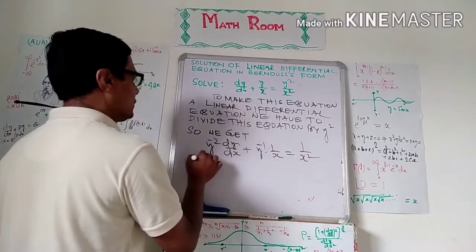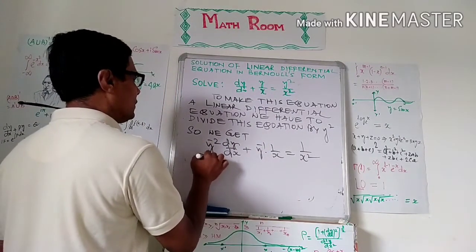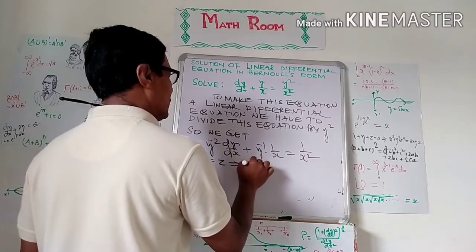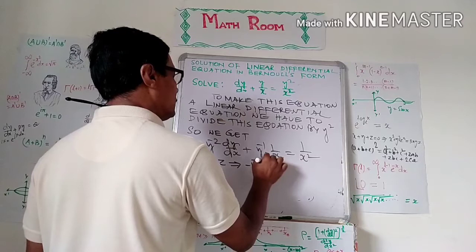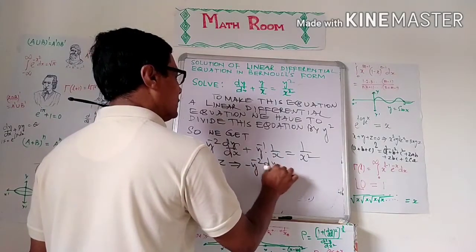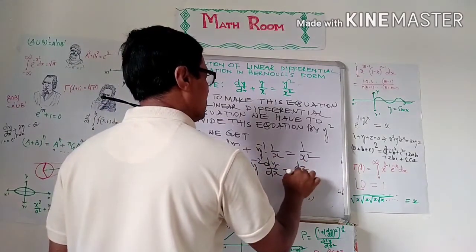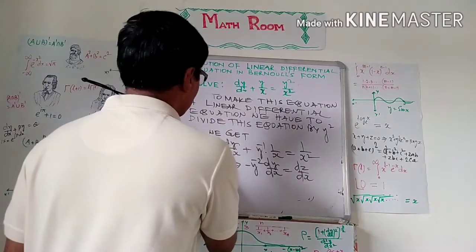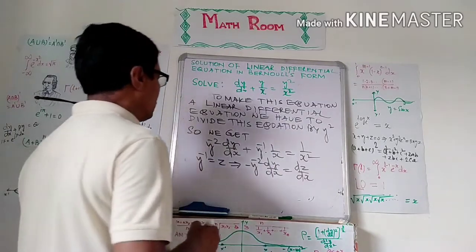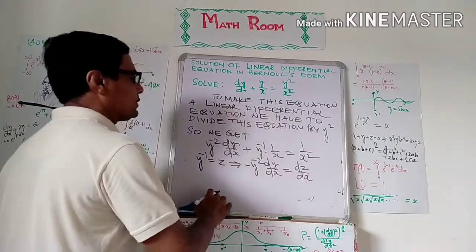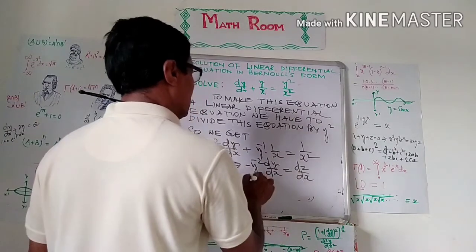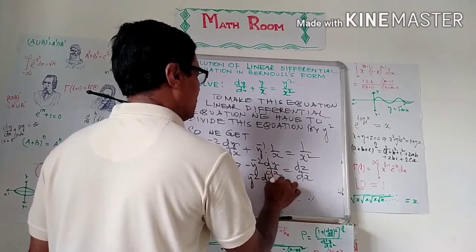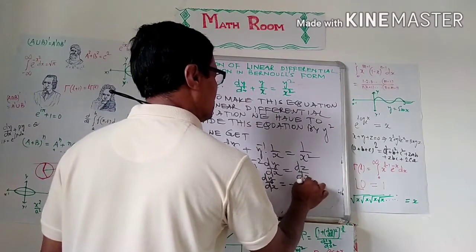Now if we put y to the power minus 1 equal to z, then minus y to the power minus 2 dy/dx equal to dz/dx, after taking the differential coefficient of both sides of this equation. So y to the power minus 2 dy/dx equal to minus dz/dx.